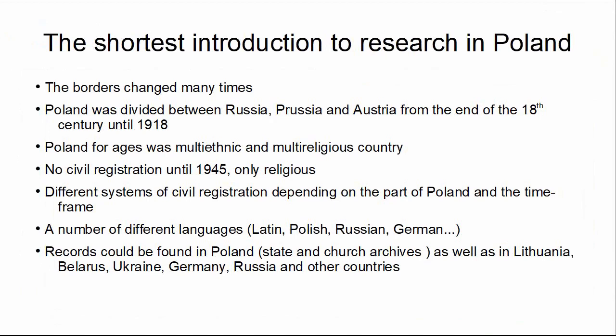So we need to use other kinds of records as well, especially census-like records, although there was no real census similar to the one you may know from the US, for example. In addition, there were different systems of civil registration used depending on part of Poland and time frame, and several different languages were used for this. And taking it all together, it makes the research in Poland rather complicated.